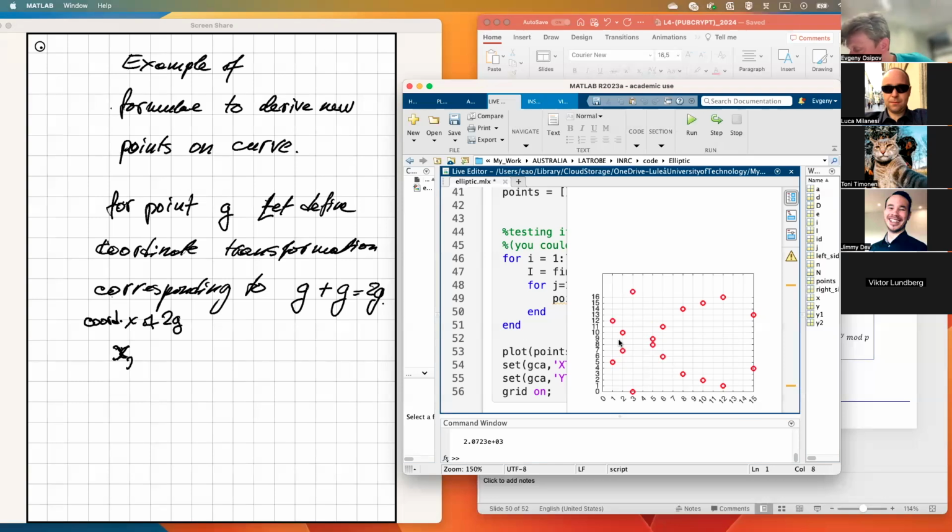The X of the 2G point would be computed as follows. I just list this equation: lambda squared minus 2x g. So this is the x coordinate.